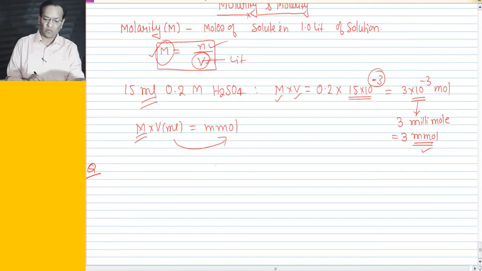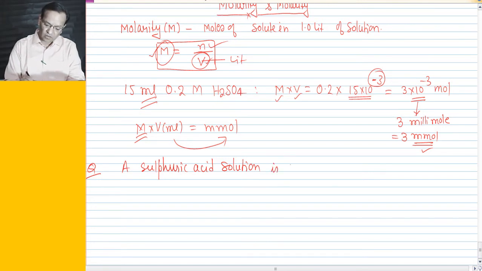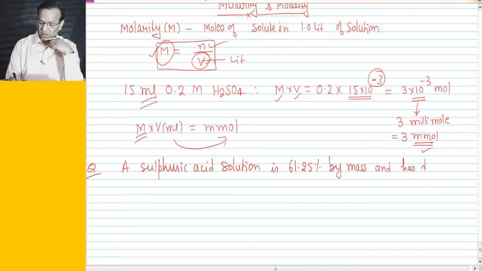Suppose we have been given a question that a sulfuric acid solution is 61.25% by mass and has density 1.6 gram per ml.